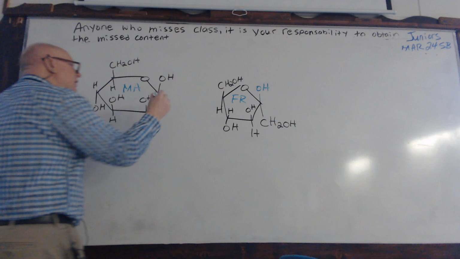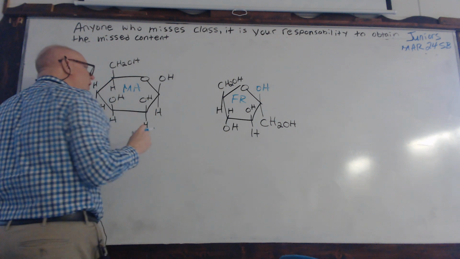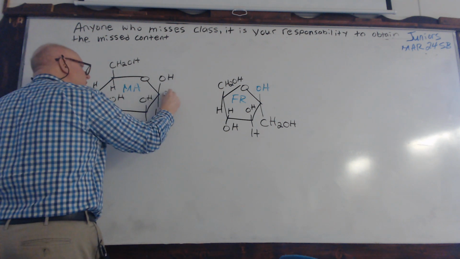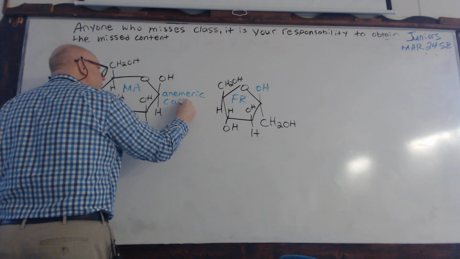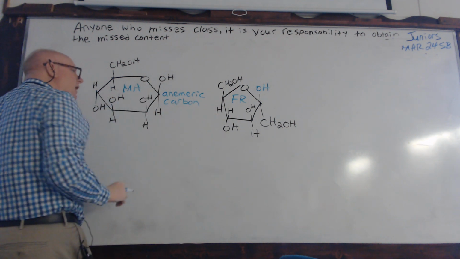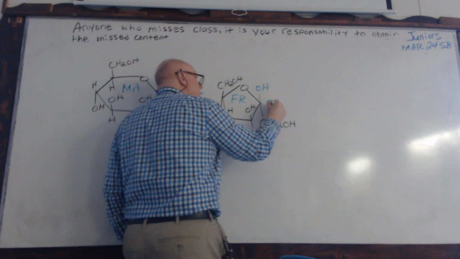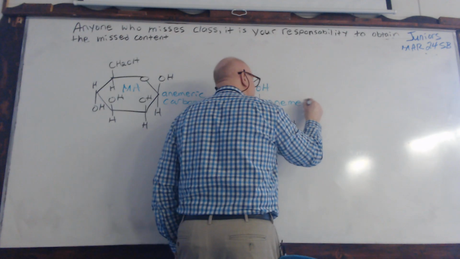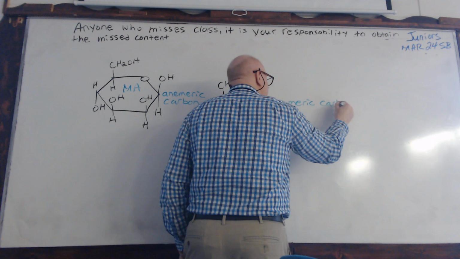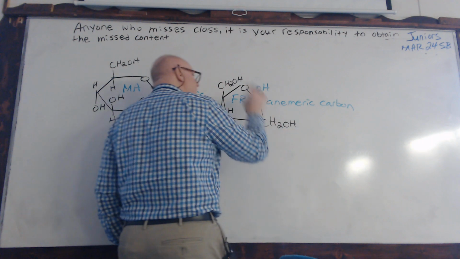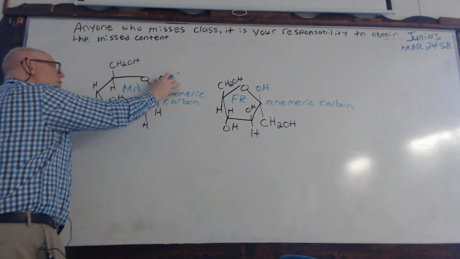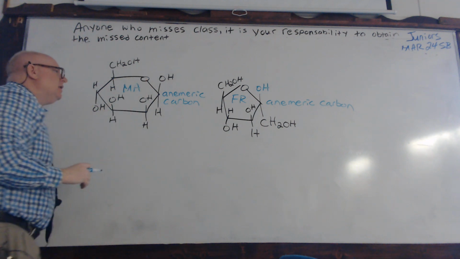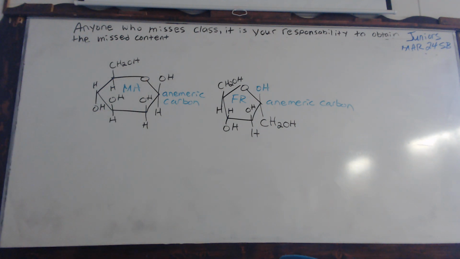And one of the things that we talk about, one of your vocab terms, I think, was this, anomeric carbon. Okay, this one's got it, this one's got it. And what that means then is it actually has an OH, both of them do, which these can be reduced, okay?